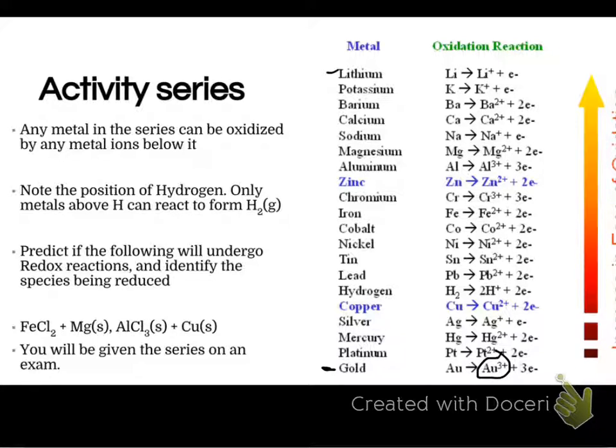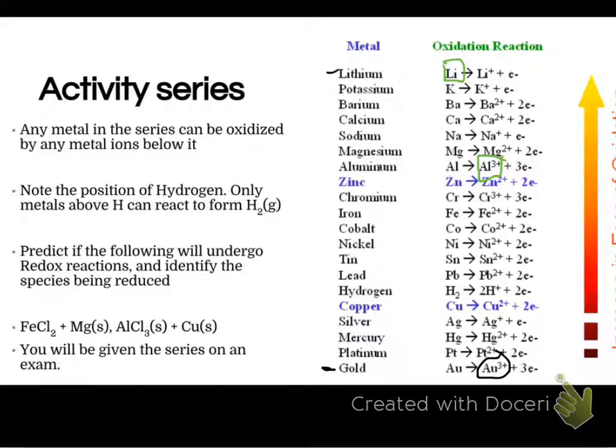And so this series is pretty cool because it lists everything by how easy it is to take electrons from it. Interestingly, if I take an element, say lithium, and I react it with any of the ions below it, let's say aluminum ion, if I combine lithium metal and aluminum ion, it will create a reaction that we call redox.